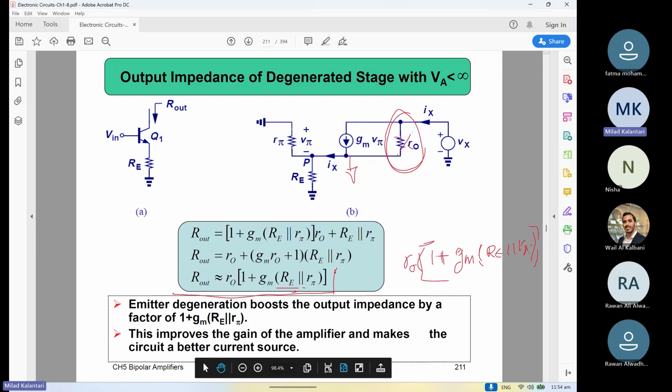Sometimes we care about using the transistor as a current source. For the current source, the output impedance is how much, ideally? The ideal current source, what is the output impedance?